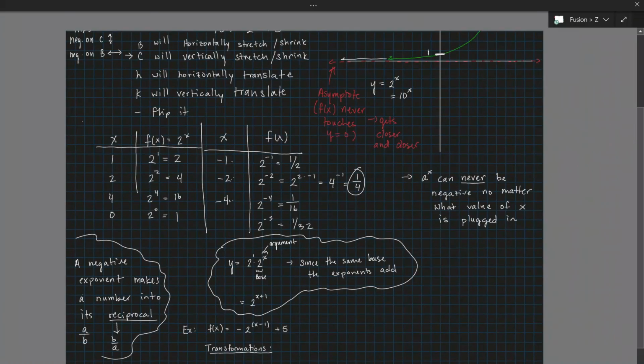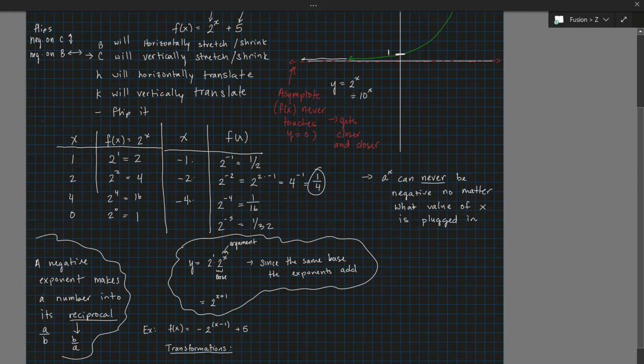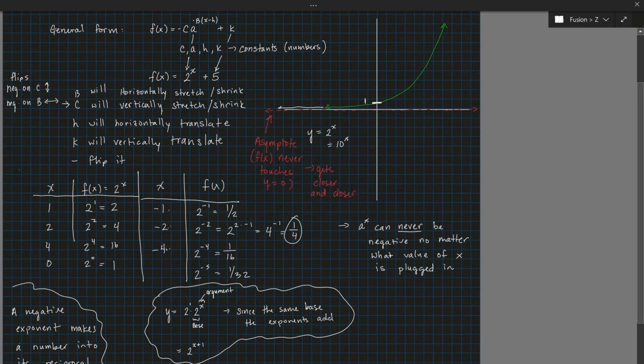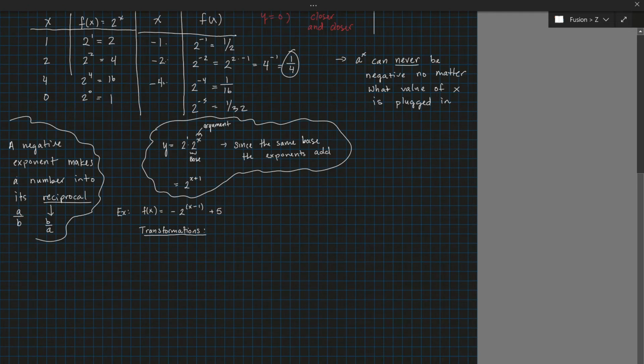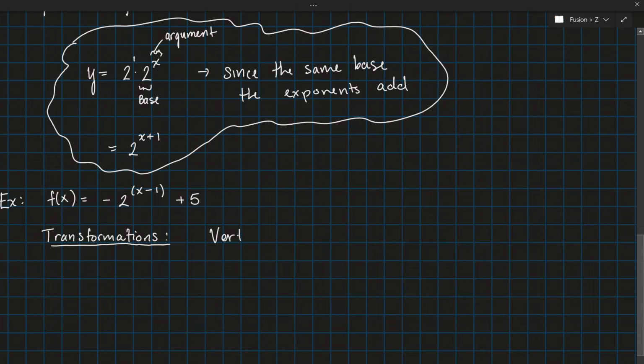We'll list them out up there. Vertically translated up. Good. Vertically translated up 5.